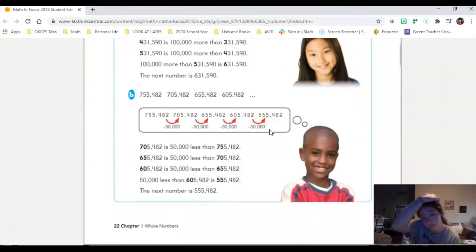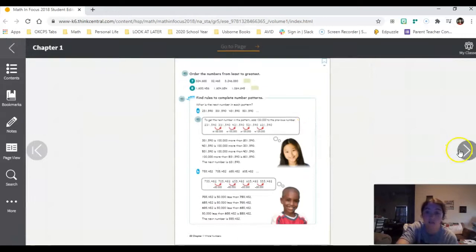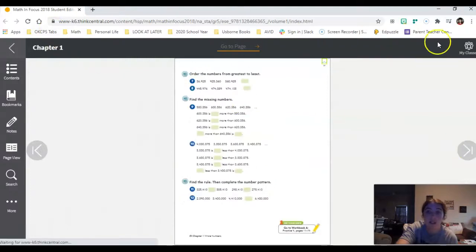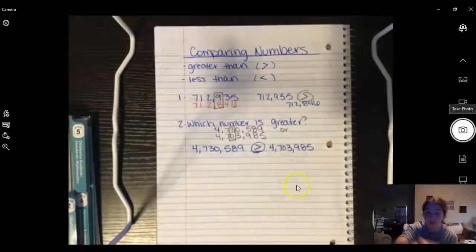Okay, so sometimes patterns show up in comparing numbers. So let's do a couple more problems.